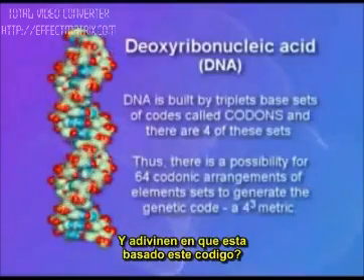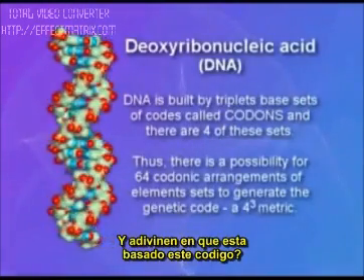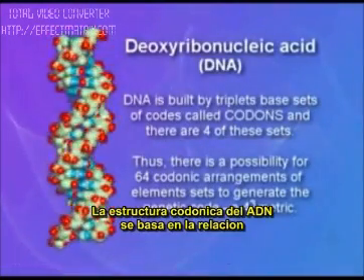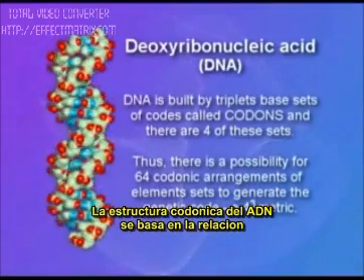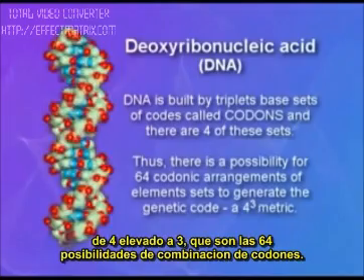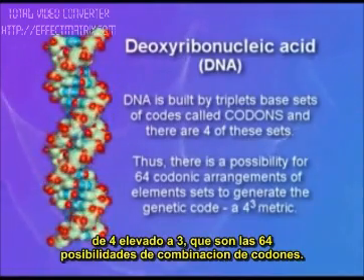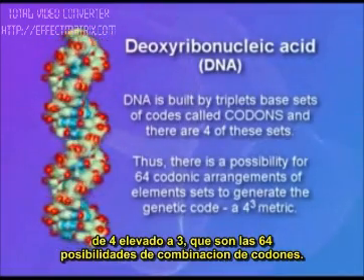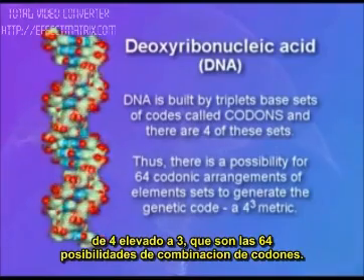And guess what that code is based on? Well, the codon structure of DNA is based on a 4 to the third relationship, which is 64 codon possibilities of combination.